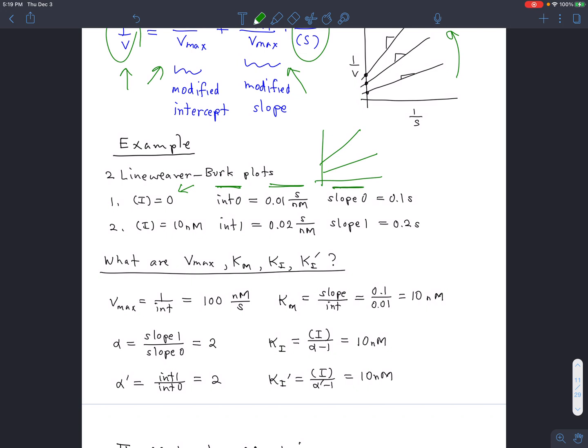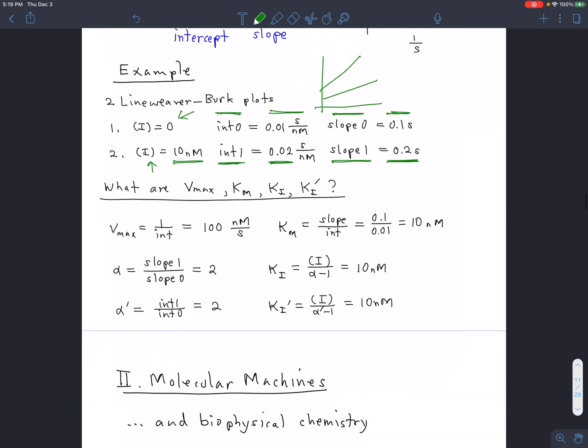And it has a slope, which we'll call slope 0, of 0.1 in units of seconds. When the inhibitor is at 10 nanomolar, then the intercept changes. The intercept is now twice what it was before. And the slope also changes. The slope is also twice what it was before. So clearly both branches are operating in this case.